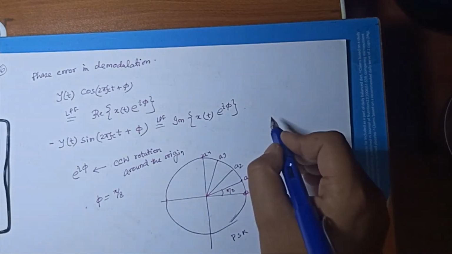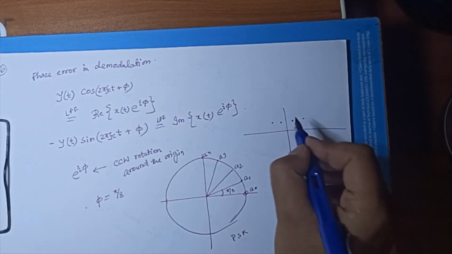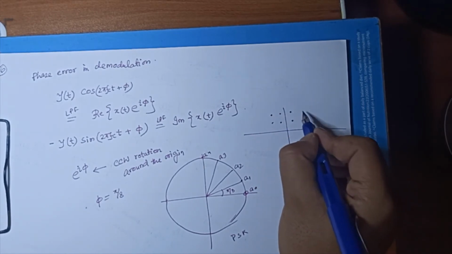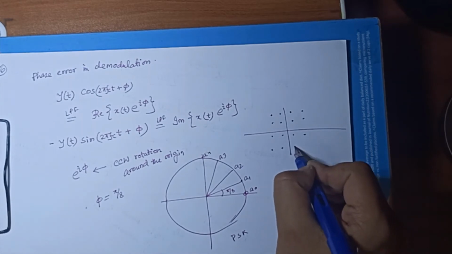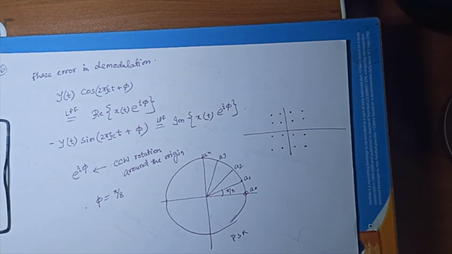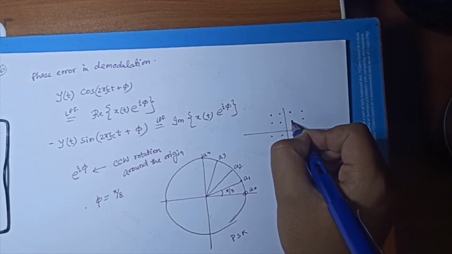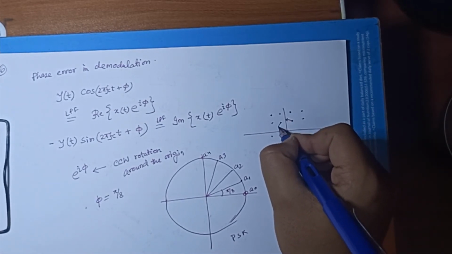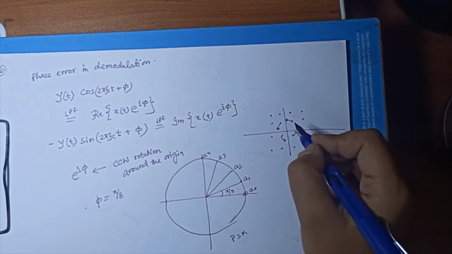Suppose you have a regular QAM scheme where you have the constellation like this. What will happen if you introduce phase error in this passband to baseband demodulation in the DSB scheme? Everything will rotate, all values will rotate according to this pi by 8 or whatever value.